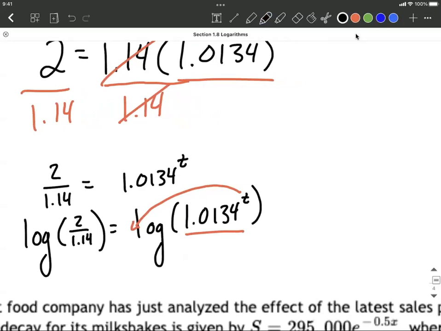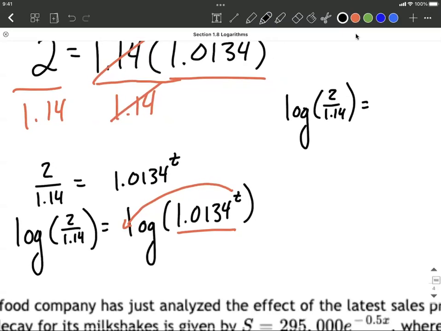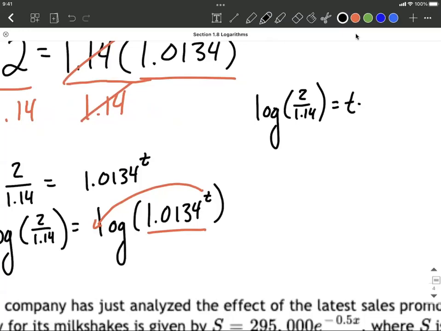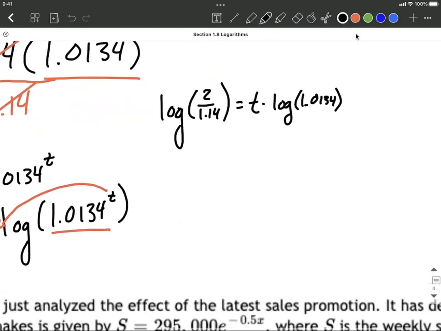This will give us log of 2 divided by 1.14 equals t multiplied by that log of 1.0134. All right, but now that t's out of the exponent, it shouldn't be too difficult to solve for. It's t being multiplied by that log.